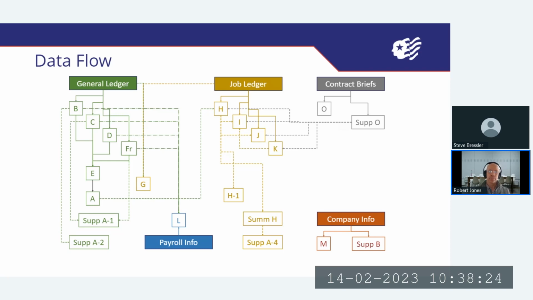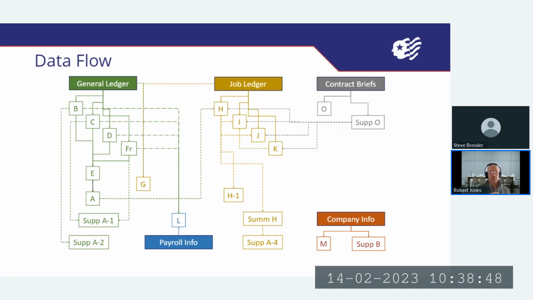We're not going to go in great detail, but I do just want to, again, walk you through part of this. So we started and we talked about, right, the general ledger. I can see there with my solid lines that my general ledger data, as I was saying before, flows into schedules B, C, D, and fringe. From there, you can see out of the bottom of each of those boxes that data flows into Schedule E, which then flows into Schedule A, okay?